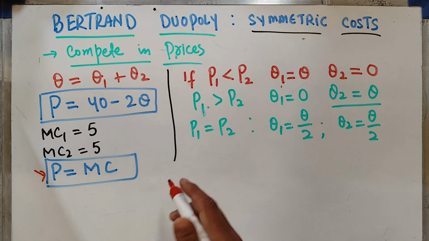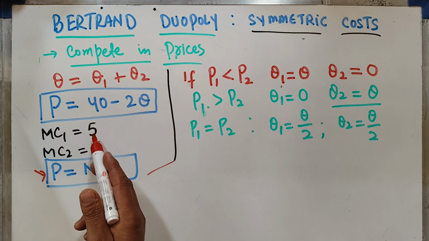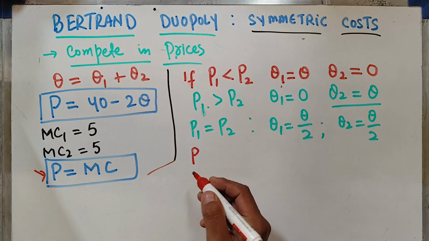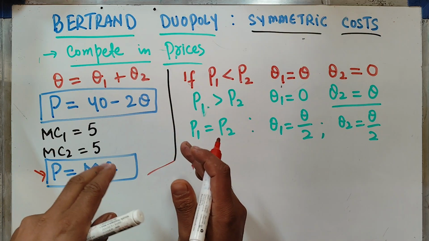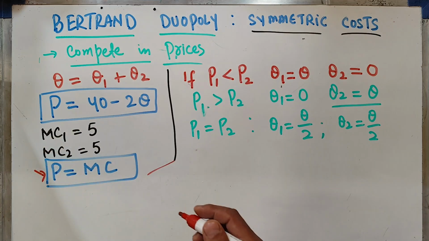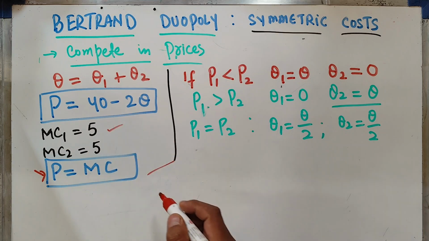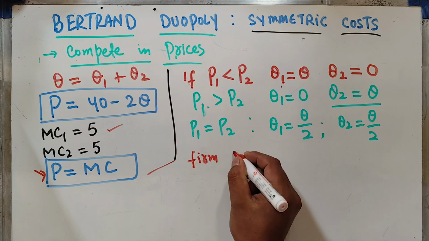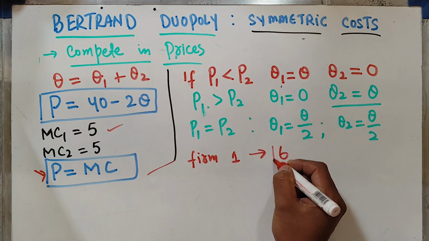Now let us see why this happens. Here the marginal cost was 5. Let us take the scenario where firm 1 charges a price of, say, $6.